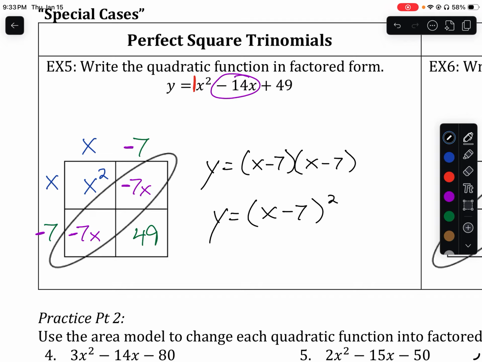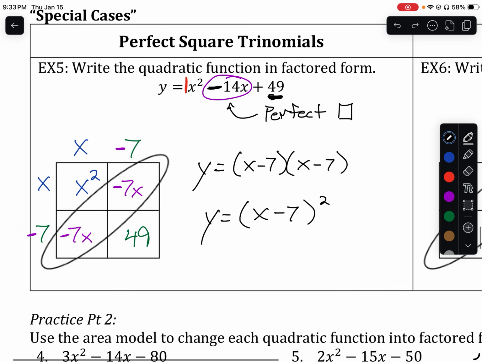So that's the example of a perfect square trinomial, where we recognize that that last term is a perfect square. The sum of my terms being that middle, having to pay attention to that sign, and trinomial meaning that we have 3 terms in this.